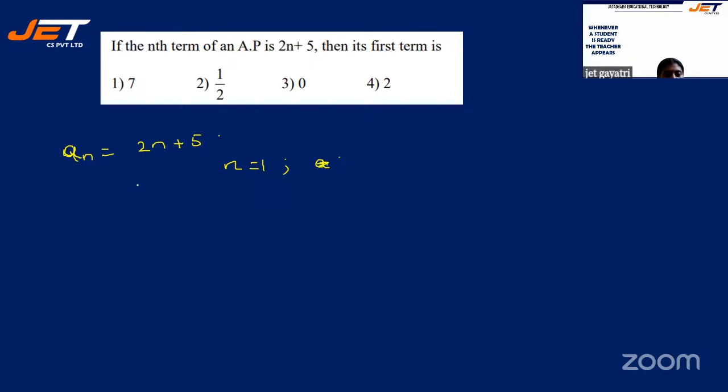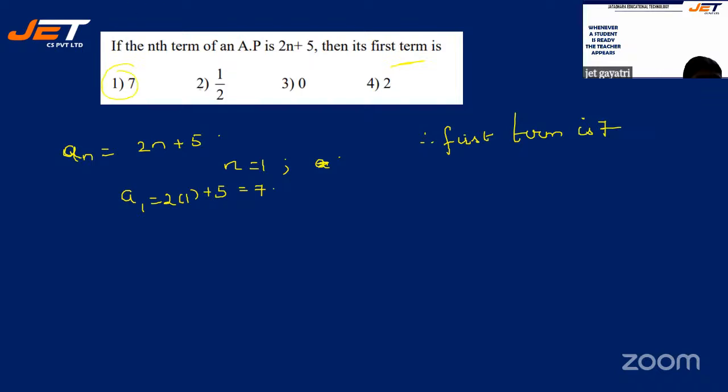You just have to substitute here. Let's take a1: 2 into 1 plus 5, which is 7. So a1 is the first term. They are asking the first term. So the first term is 7, which is option 1.